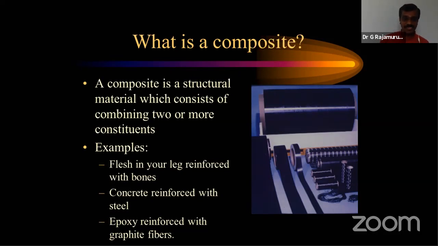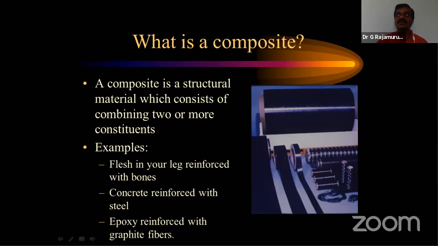It looks like a merged structure, but it is not diluted and merged. Whereas in an alloy, whatever metals you add in the fabrication of the material are all mixed together. So that is the major difference between the composite and your alloy.